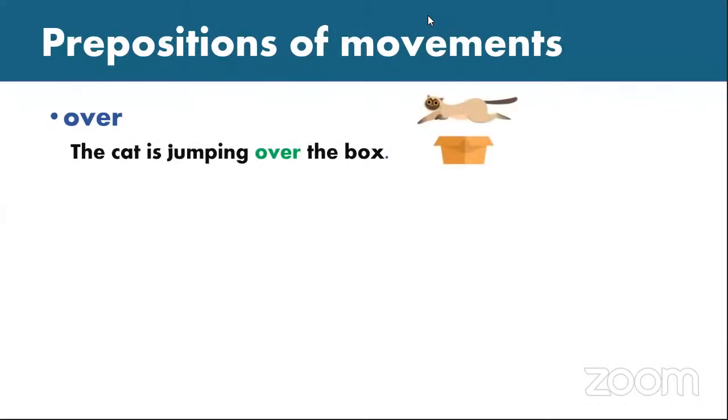The cat is jumping over the box. Look at the picture I have given here. You can get the idea. The cat is jumping over the box. I think the idea is clear to you, right? Next one, around.